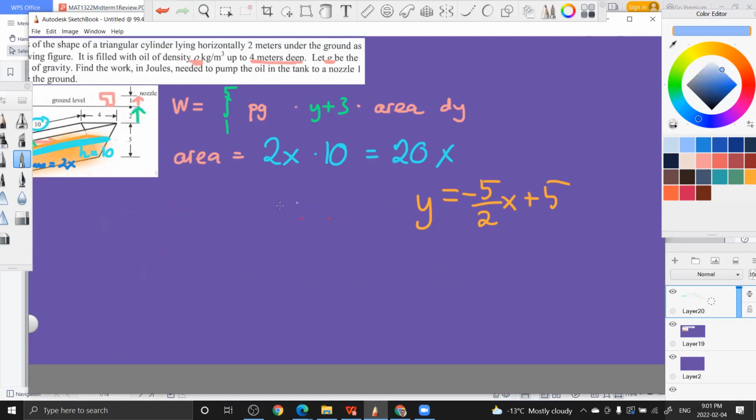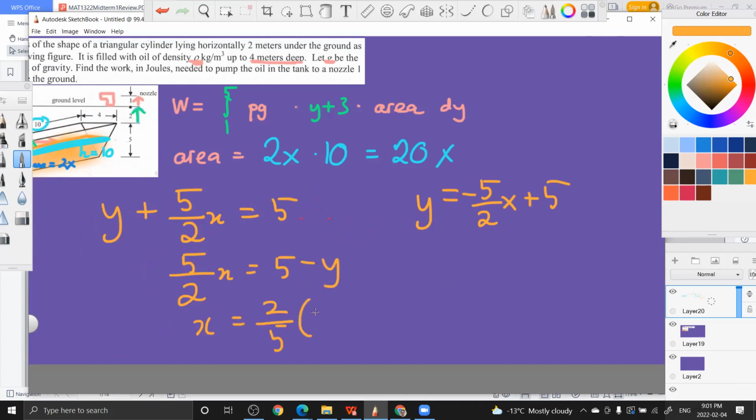Now we just need to find x. y plus 5 over 2 x is equal to 5. So we found x. That's what x is. So 20 times x, which is 2 over 5 times 5 minus y.